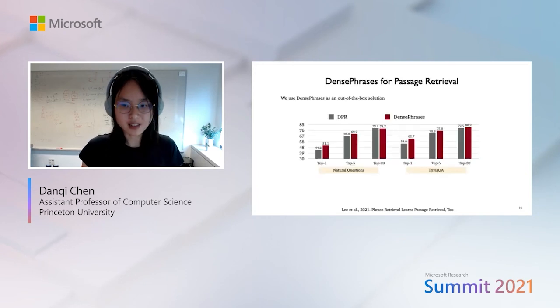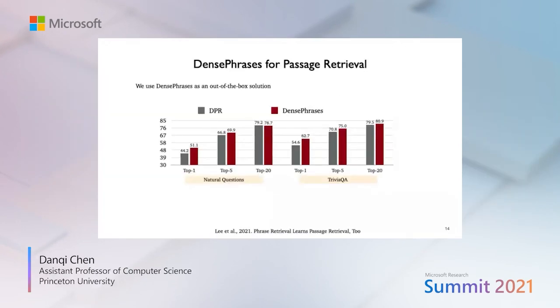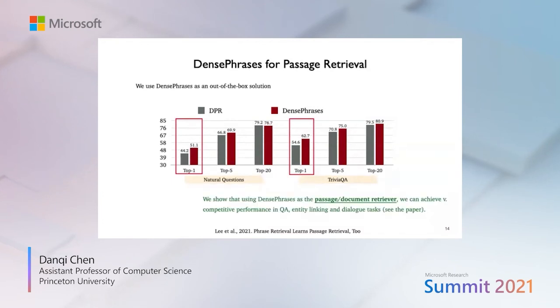We find that DensePhrases already achieves better passage accuracy, even if it is not trained for passage retrieval. And this improvement is especially pronounced for top 1 or top 5 accuracy. And in our paper, we also show that if we use DensePhrases as a document or passage retrieval component, we can achieve very competitive performance in a range of NLP tasks.